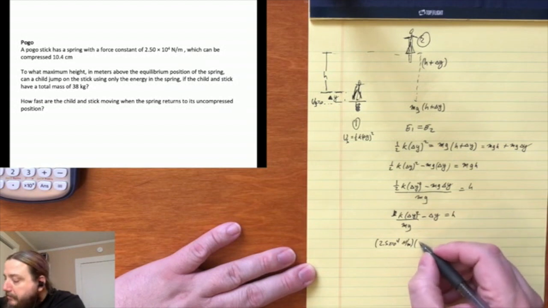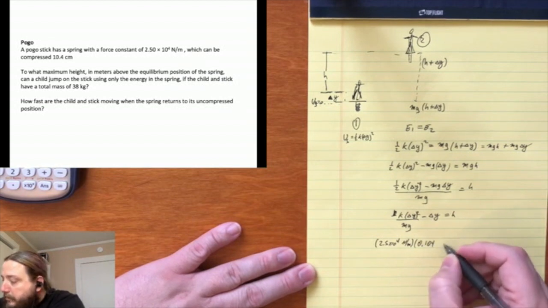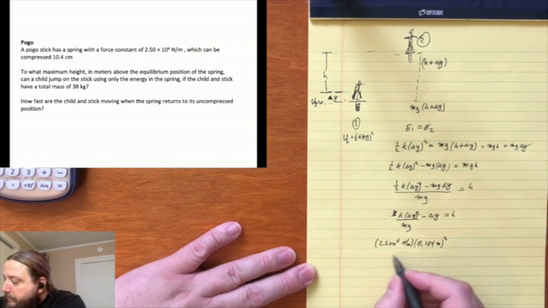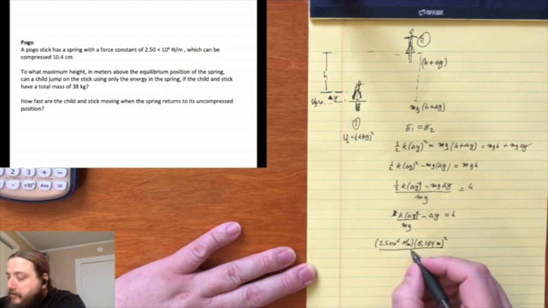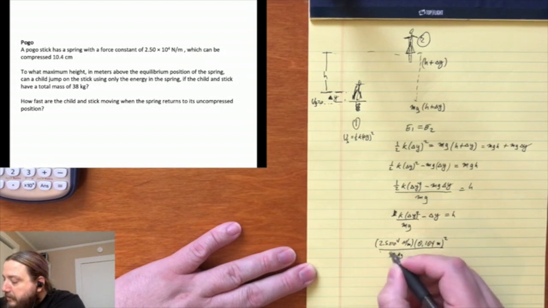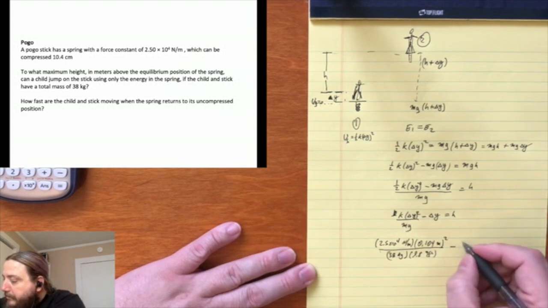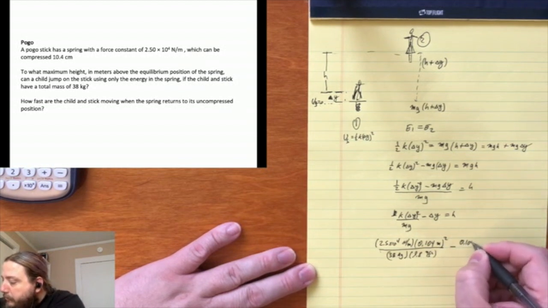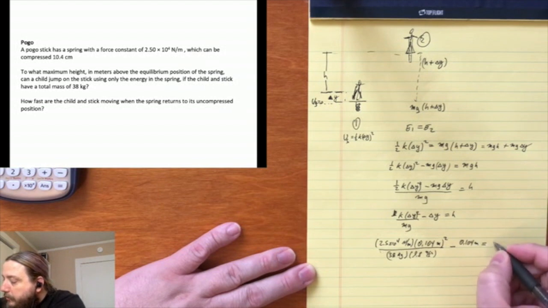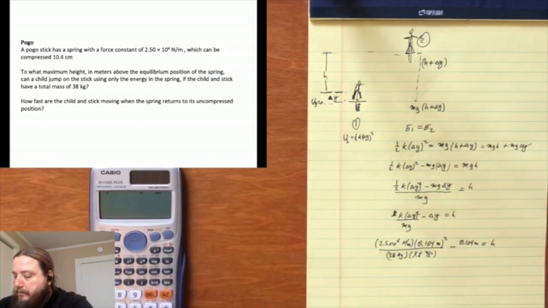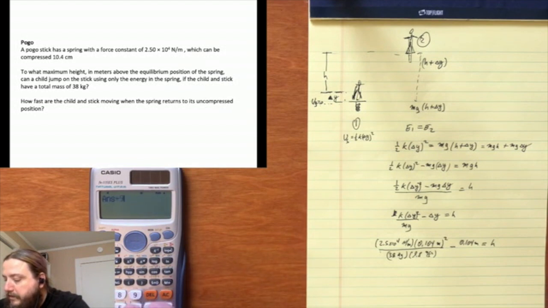Our delta y is 0.104 meters, squared, divided by our mass, 38 kilograms, and g, 9.8 meters per second squared, minus 0.104 meters equals our height. 0.104 squared times 2.5 times 10 to the 4 divided by 38 divided by 9.8.